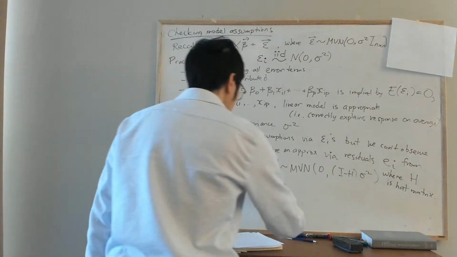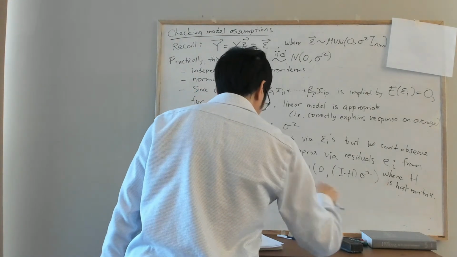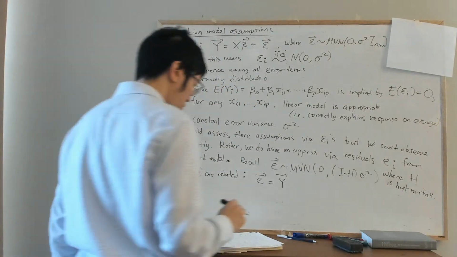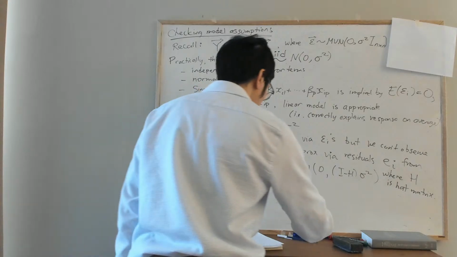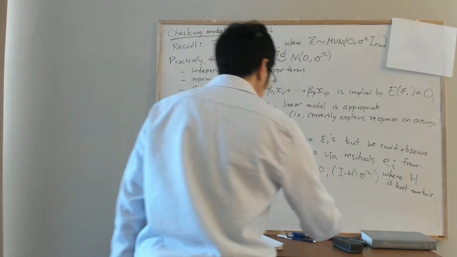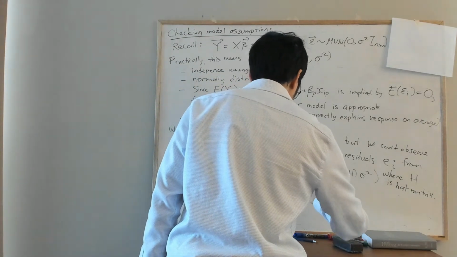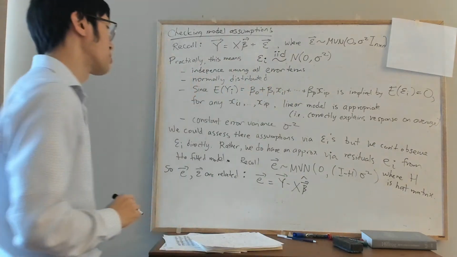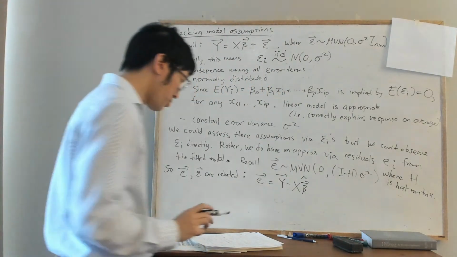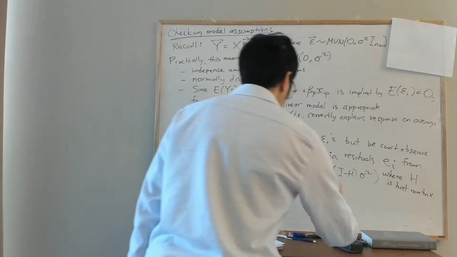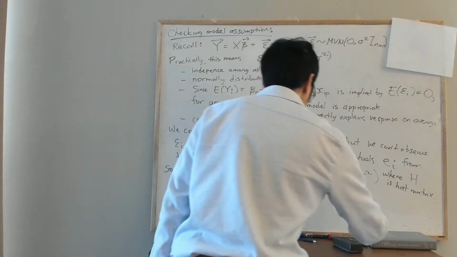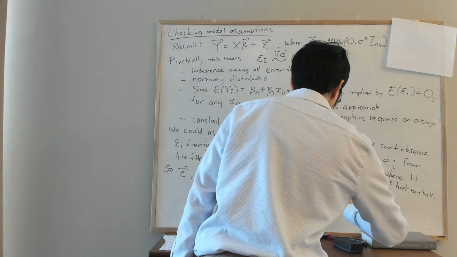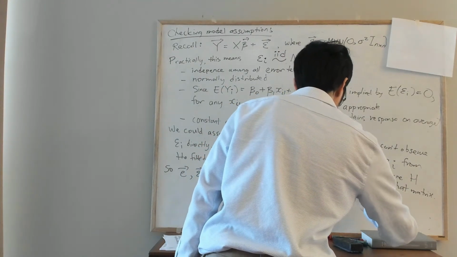By definition, we take the response vector and subtract off the fitted values, x times beta hat. And we already showed that this is in fact equal to identity minus the hat matrix times y.